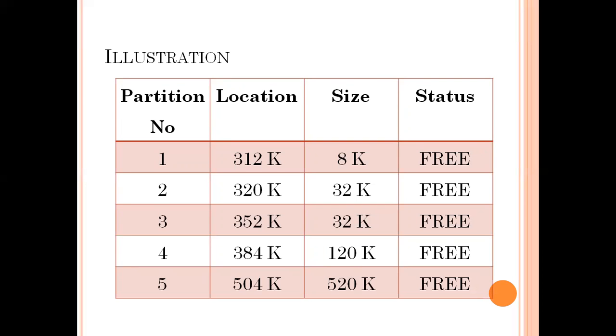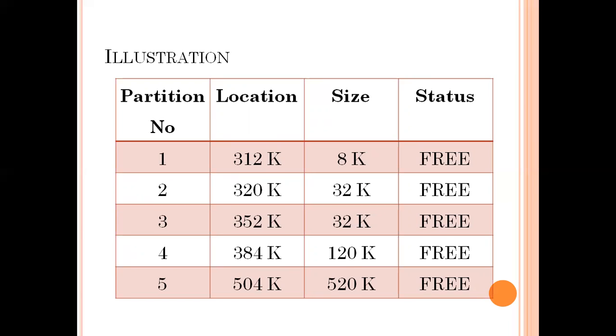Let us consider how static partition is done. Assume that we have 5 partitions: 1, 2, 3, 4, 5. The first partition starts at 312K and the size is 8K, so it goes from 312K to 320K. The second partition starts at 320K and the size is 32K, so 320K to 352K will be partition 2.